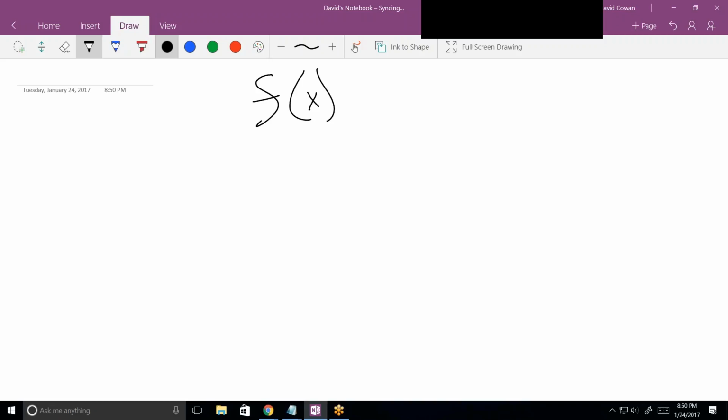14. F of x equals x to the negative 1/5. So I'm going to write that like this. See that that's the proper way to handle negative exponents? Yep, you take the reciprocal. Okay. And g of x is x to the 3/5.